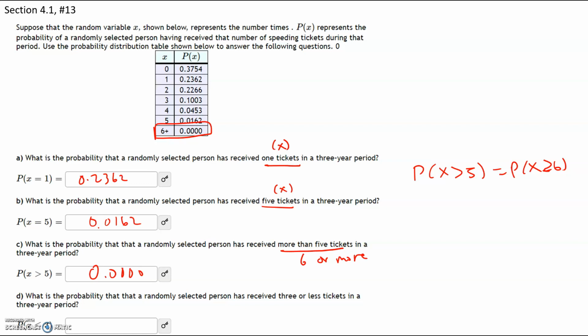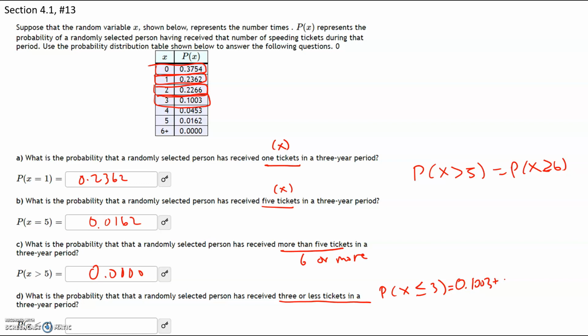Lastly, it says, what is the probability that they received 3 or less tickets? So 3 or less, in this case, does include 3. So probability that x is less than or equal to 3 means 3 or less. For that, we're going to add up all the probabilities that are 3 or less. So it's going to be 0.1003 plus 0.2266 plus 0.2362 plus 0.3754.